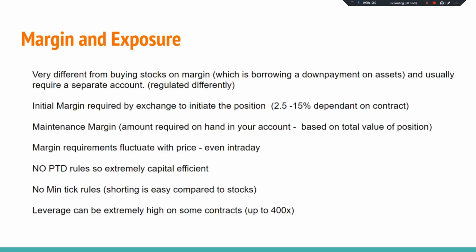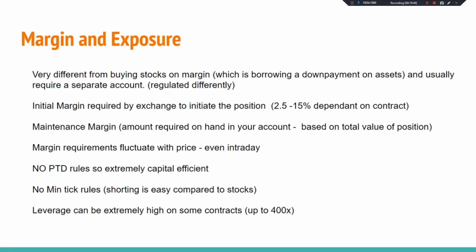There's also no minimum tick rule, so you can short on any tick, including down ticks. You don't have to go trying to borrow stock and all that kind of stuff to short. So they're very easily shortable, and going short or long is regarded almost as the same thing in futures trading.